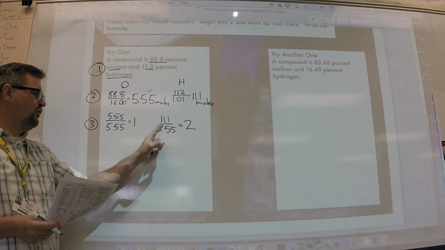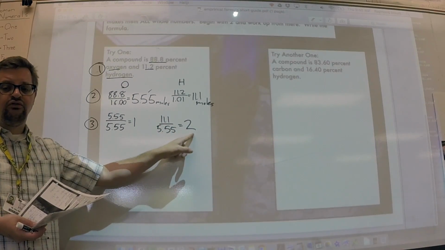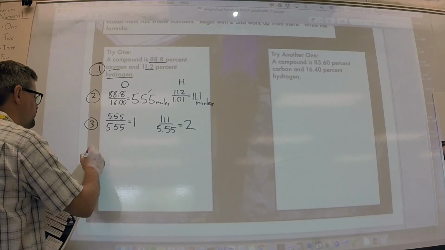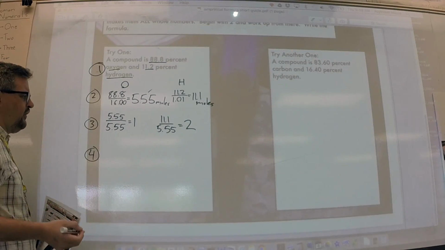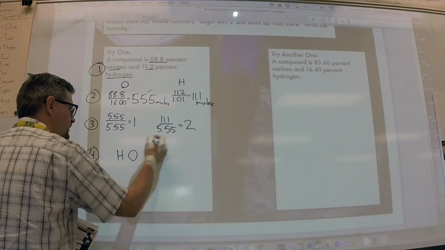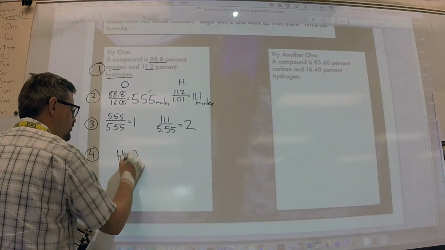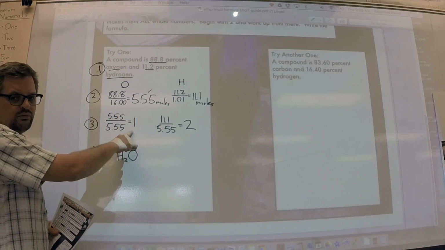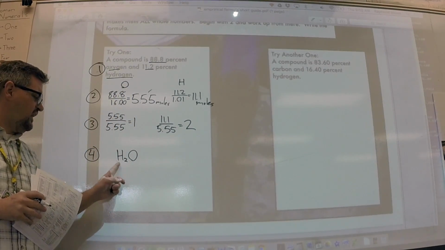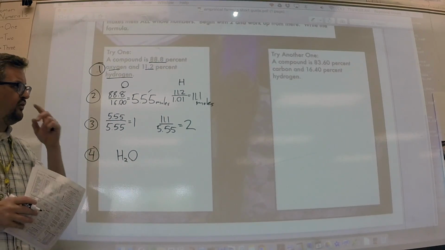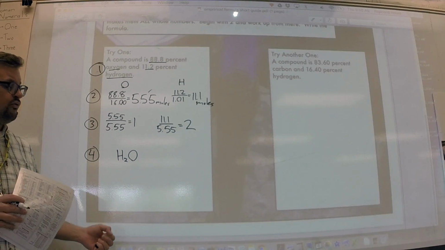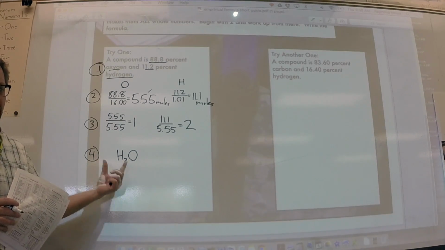So these are whole numbers, and now we don't have to do that if necessary step 5. We simply go to step 4 and we write out our formula. H gets a subscript of 2. O gets a subscript of 1, which you don't have to write. So the formula is H2O for this compound. And there you go, it's the empirical formula. That happens to be water, by the way.